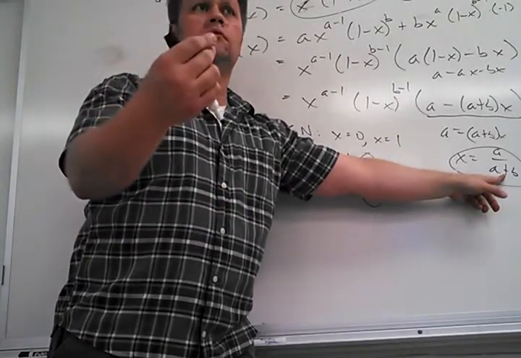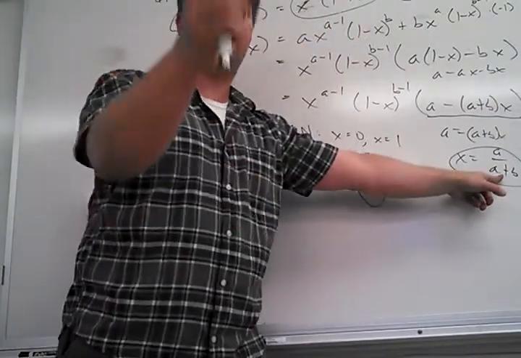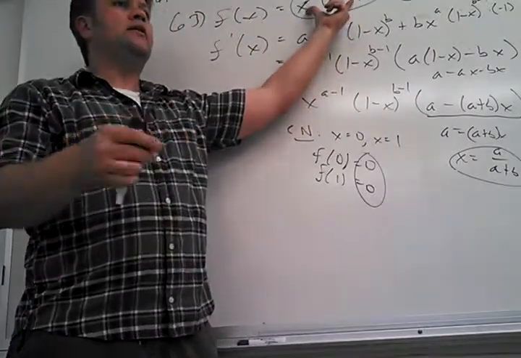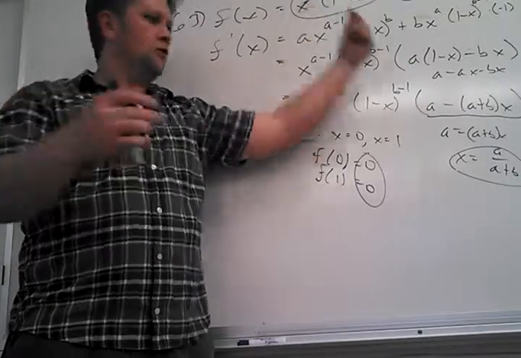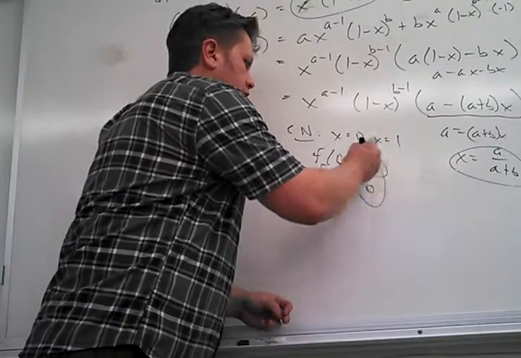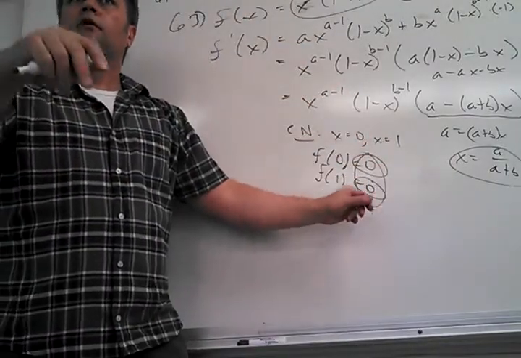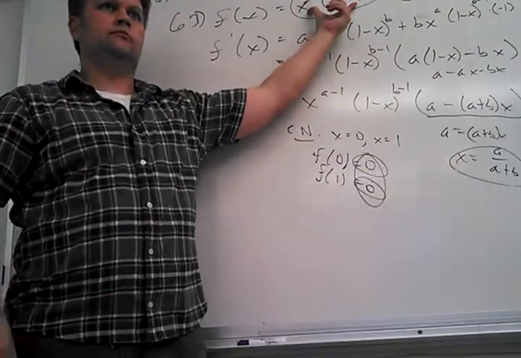It can't be equal to 1, because A cannot equal A plus B. So 1 minus this is positive, to the B power is positive. So you get a number that is bigger than 0. So that is the location of your maximum. The only other possible places you could have a maximum, they're both 0. The other critical number makes this some positive number.